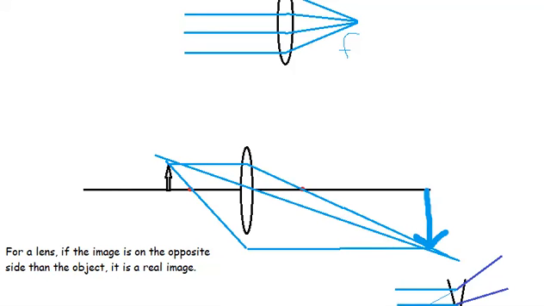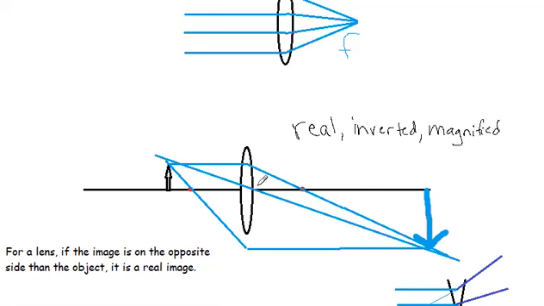So this is a real image. We didn't have to do any extrapolating. So we have a real image here, and it's upside down, or inverted, and it's magnified. It's definitely bigger.